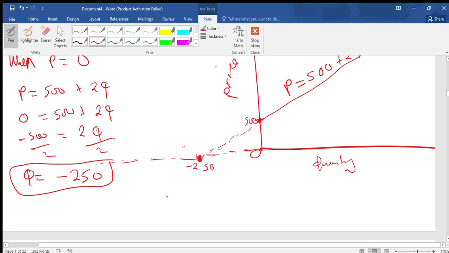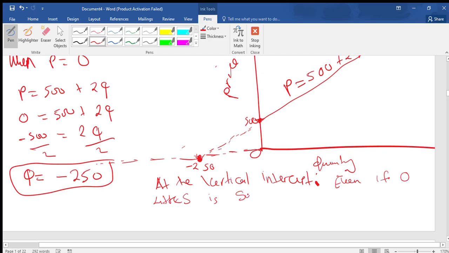In actual situation, what we are simply saying is that the meaning of the vertical intercept is that even if 0 liters is supplied, even if nothing is supplied, the price must be 500 kwacha to enter the market.